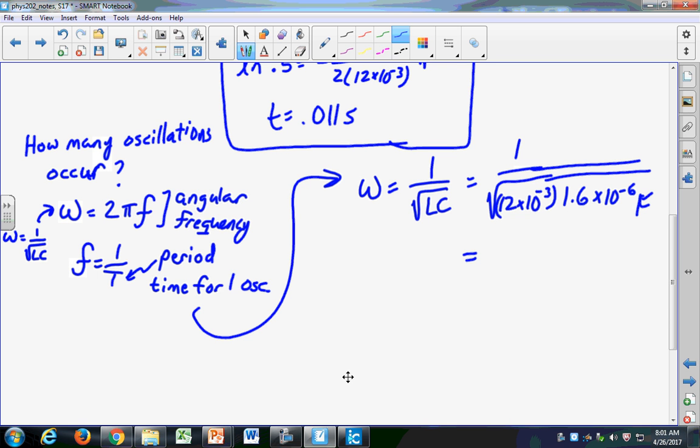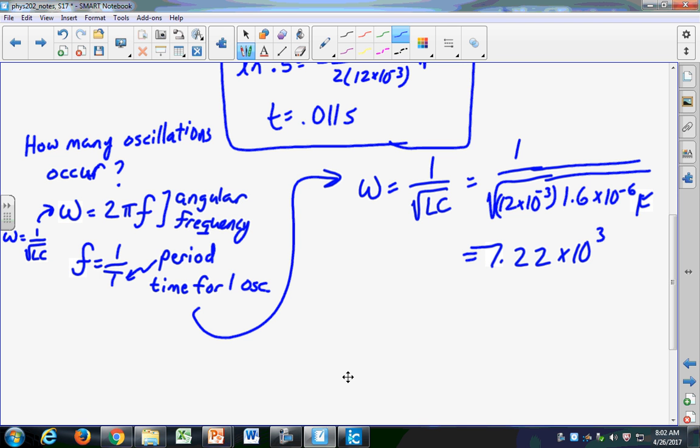And I get an omega of 7.22 times 10 to the third. All right, 7220. That's the angular frequency.